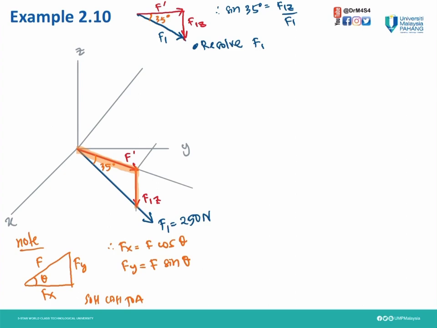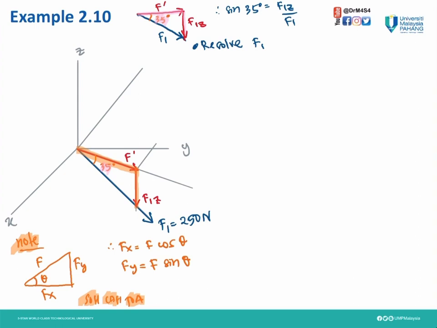For this one, you need to remember trigonometry, also the SOHCAHTOA formula to find angles or forces. Now let's focus on resolving our F1 into F1Z and F prime. The angle we know here is 35.